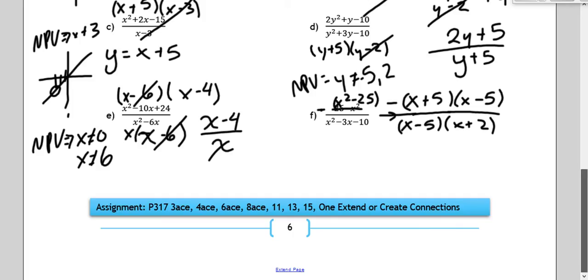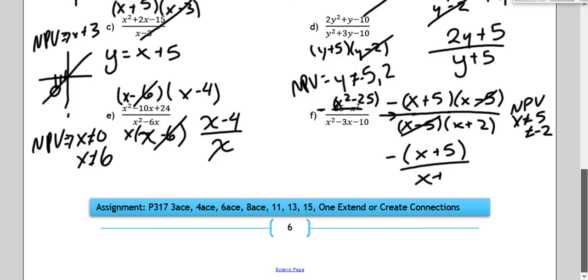So my NPV is x cannot equal 5 and x cannot equal negative 2. So then negative x plus 5 over x plus 2.